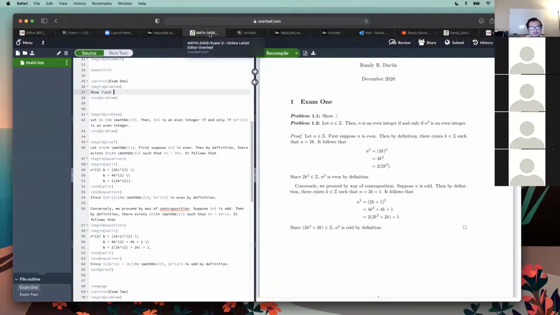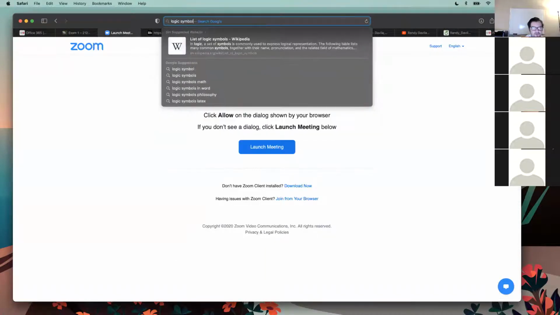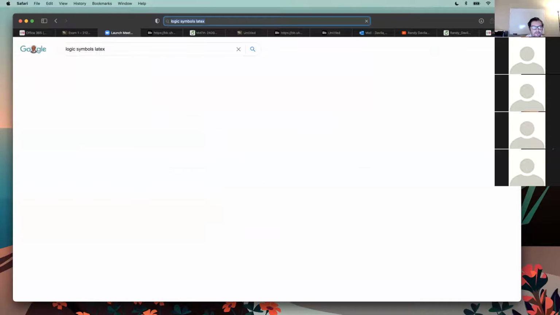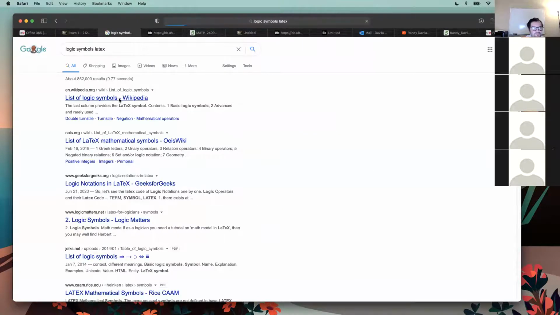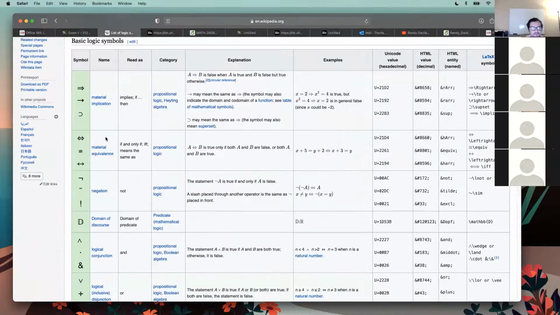What I can do is go over here and search "logic symbols LaTeX" in Google. So I see the negation, \lnot, or \neg.